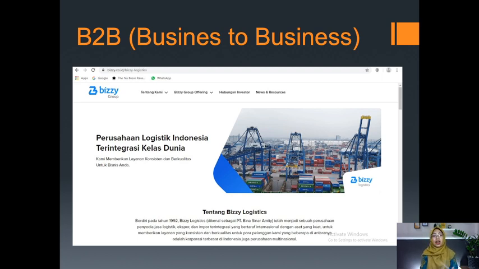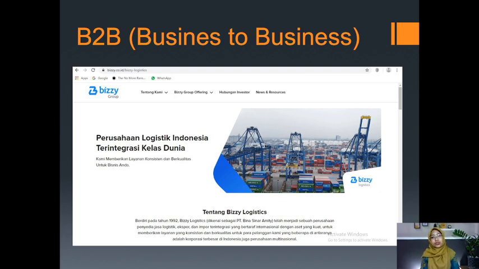This is one of the companies which provides a service or product to another company. So this business will not end in an end consumer. This is only from one company to another company. So if you have an example where the transaction is only done by one company to another company, it is called business to business or B2B.